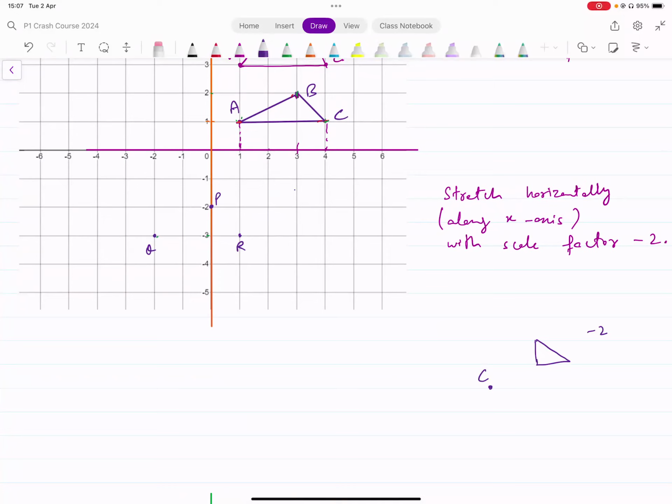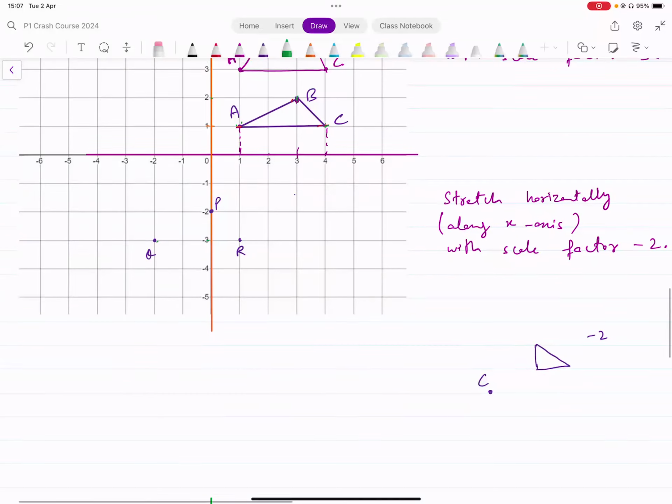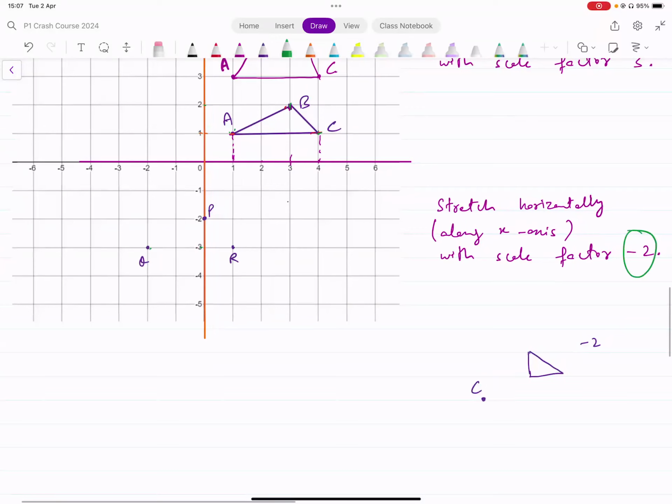Anyone remembers O-level transformations? Have you forgotten everything? With a negative scale factor, what used to happen was, if this was 1 unit on this side, negative means it would go to the other side of the center of enlargement. It will go 1 and 2 right here.